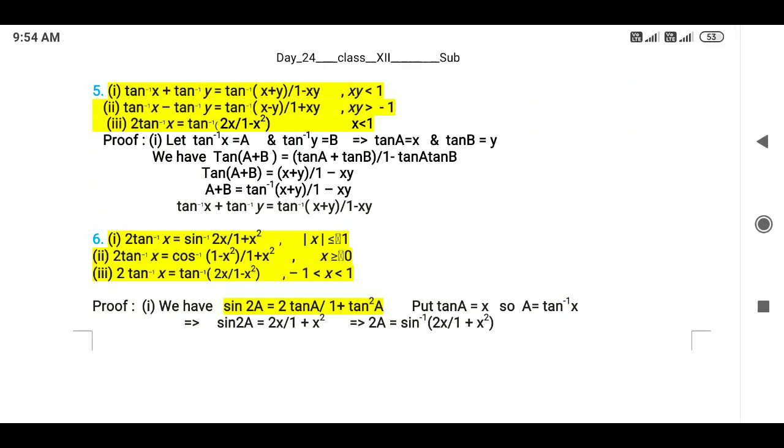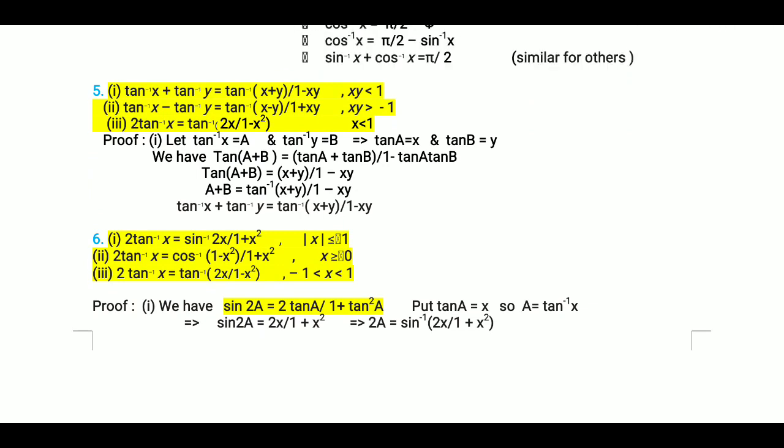Now property number 6. 2 tan inverse x is equal to sin inverse of 2x upon 1 plus x square, mod of x less than or equal to 1. This is the domain. 2 tan inverse x is equal to cos inverse of 1 minus x square upon 1 plus x square, x greater than or equal to 0. 2 tan inverse x is equal to tan inverse of 2x upon 1 minus x square, x lies between minus 1 and 1.